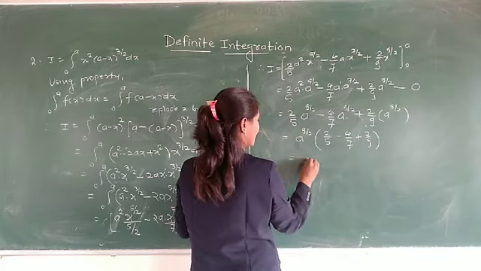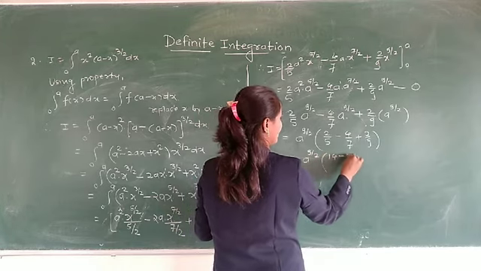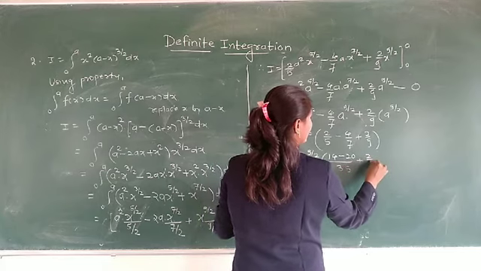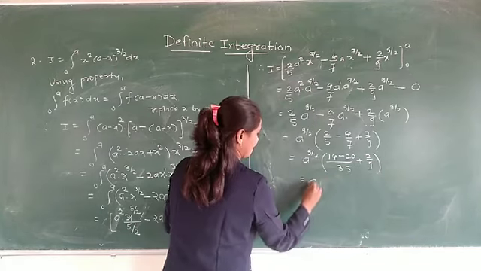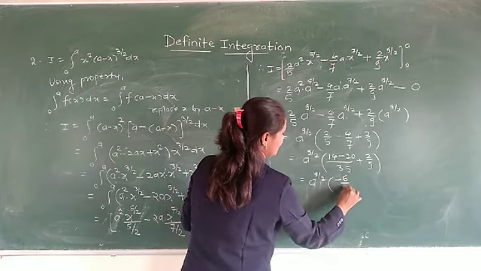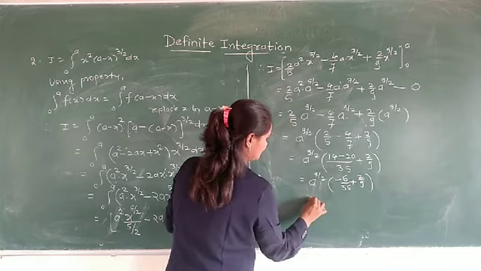Now we simplify the bracket. First 2 into 14 minus 20 divided by 35, plus 2 upon 9. A raised to 9 by 2, 14 minus 20, that is minus 6 upon 35, plus 2 upon 9.